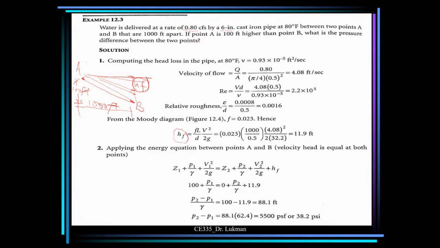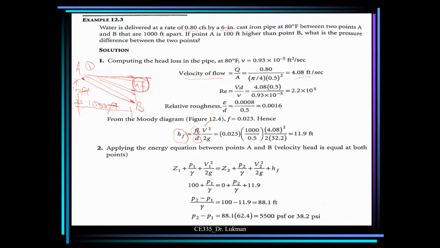Okay, and to get HF, we need the velocity in the pipe, which we don't know, but we can find it because we have the flow rate, Q. Q over A is the velocity of flow, which is this. And then we can get V, length of the pipe, can just assume that the 1,000 feet is the length of the pipe, which is L. The diameter is already given.